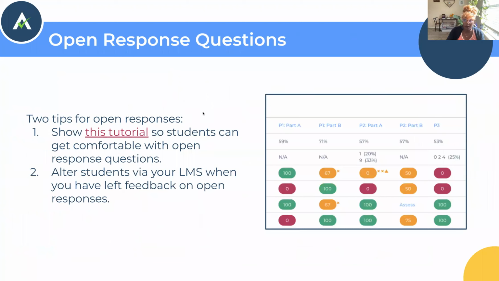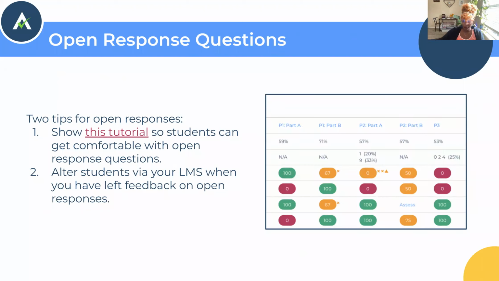With regard to open response questions, I showed you the assess button and how you can click that to score. We also offer a tutorial video that you can watch with your students so that they get a chance to get comfortable with open response questions as you're building your assessment routine. We recommend letting students know if you want them to go back and look at your feedback.